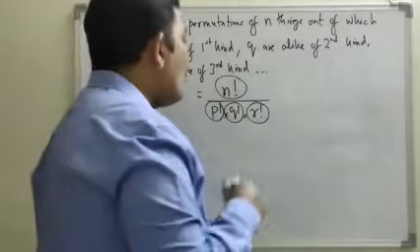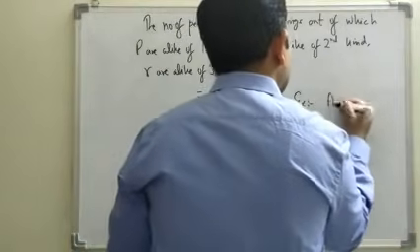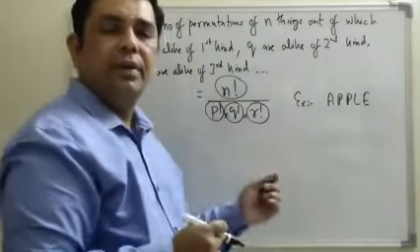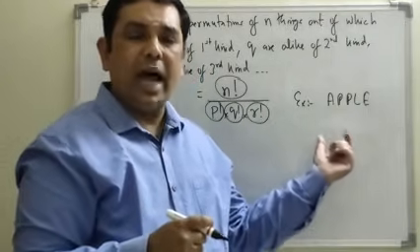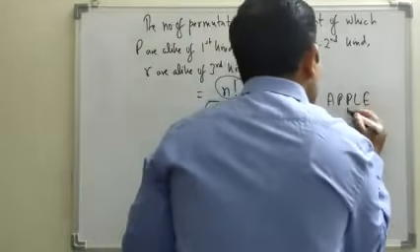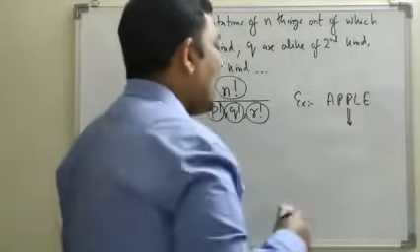Now let me take a very basic example. Suppose we have a 5 alphabet word like apple. Now the question is, in how many different ways can the alphabets of the word apple be arranged?